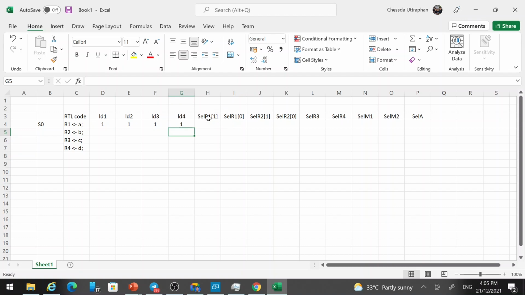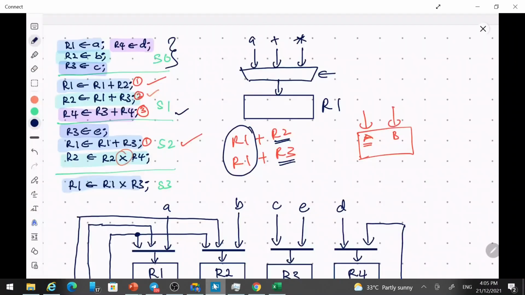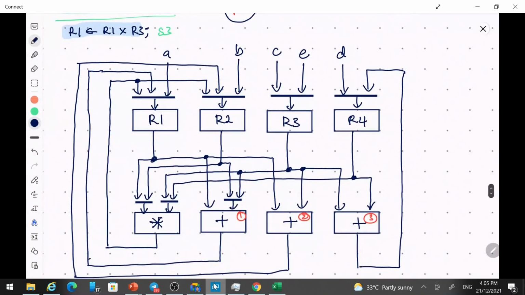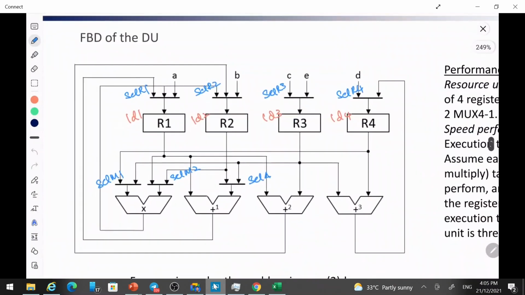And what about this? This is very important also. Based on how we have the circuit here, let's take this multiplexer, for example. If SEL R1 is 0, 0, we will select A. If it is 0, 1, we will select this line, which is the multiplier.